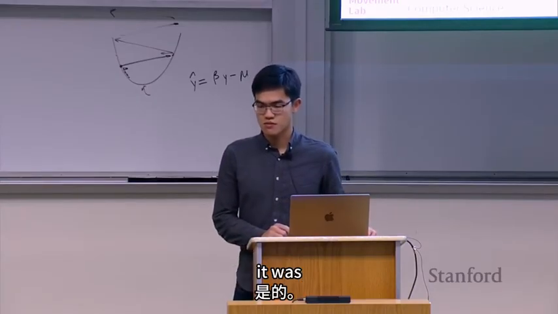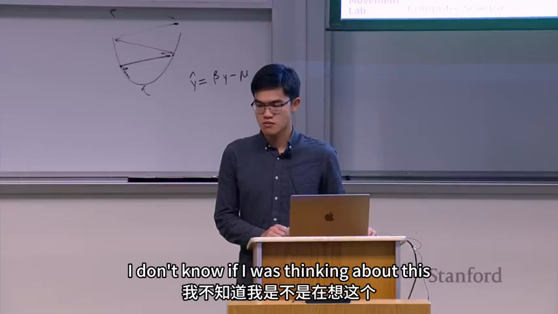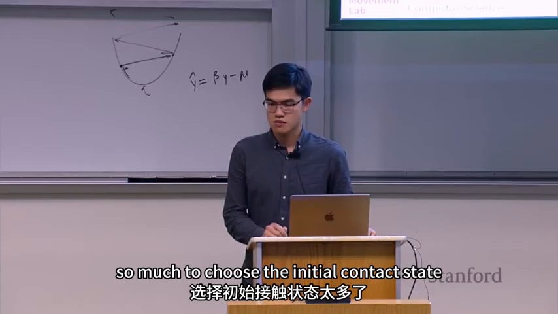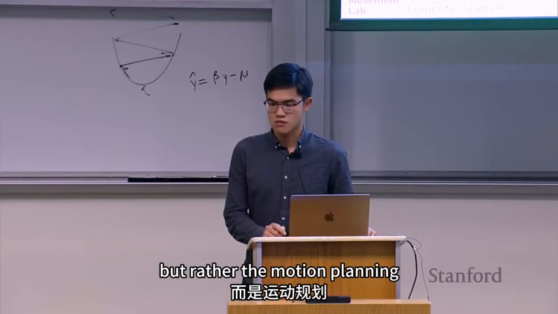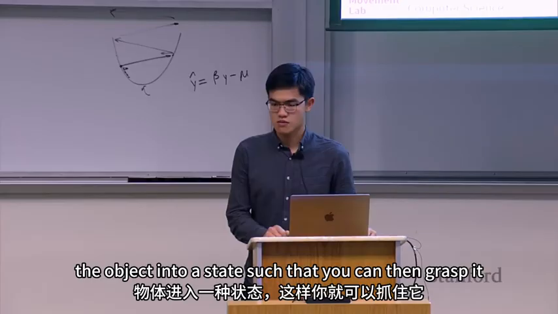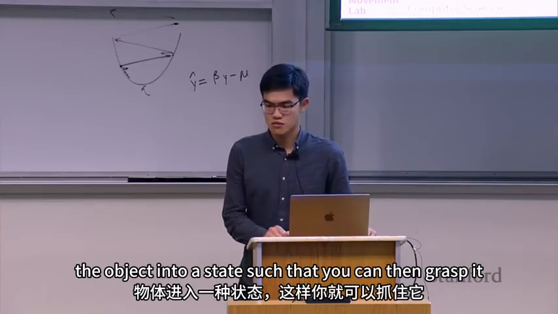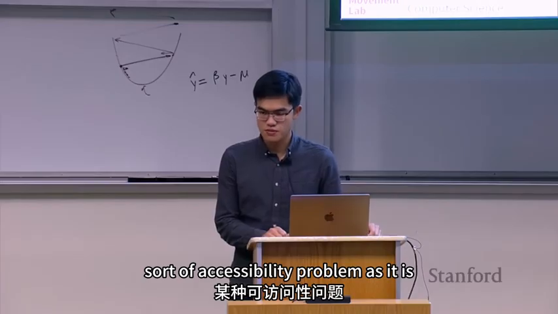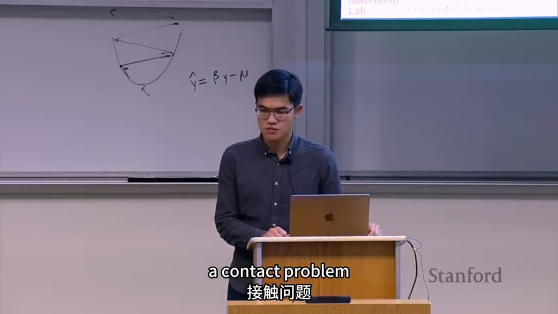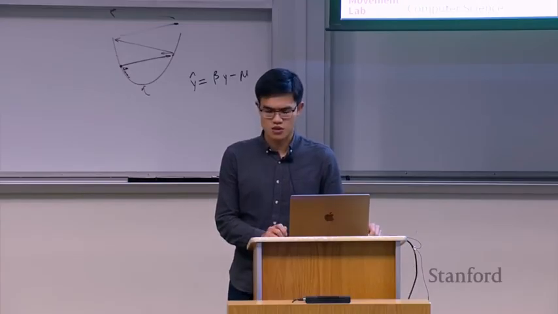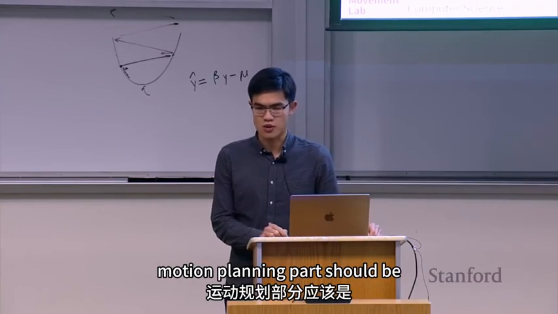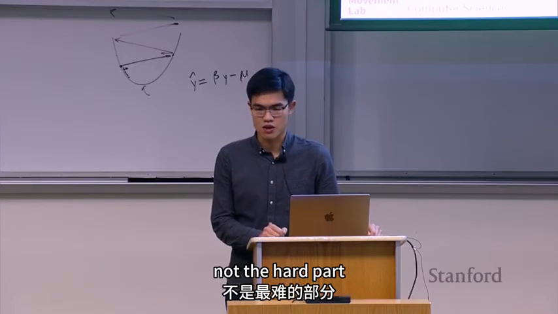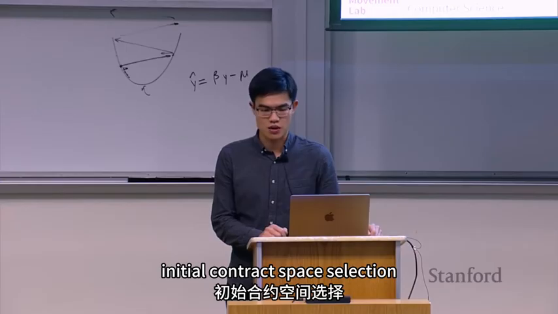On the pre-grasp problem, I was thinking about this, and the hard part is not so much choosing the initial contact state, but rather the motion planning that is required to get the object into a state such that you can then grasp it. Is that correct? So that's as much an accessibility problem as it is a contact problem. The question is, why is the motion planning part in the pre-grasp problem not the hard part, as opposed to the initial contact state selection?